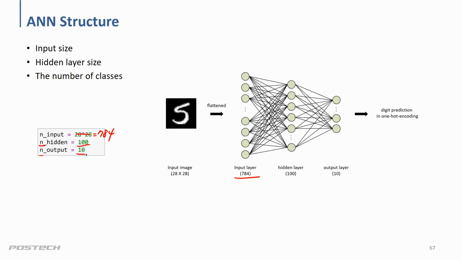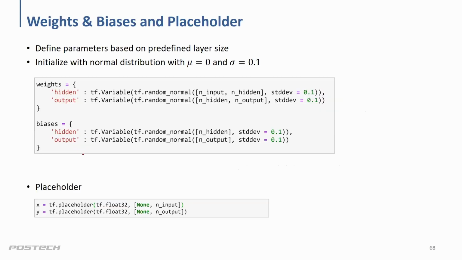And the output is 10. And weights and bias, as you can see, are TF variables. In the sense of optimization, those will be the decision variables, right? So in each iteration, they have to be updated.